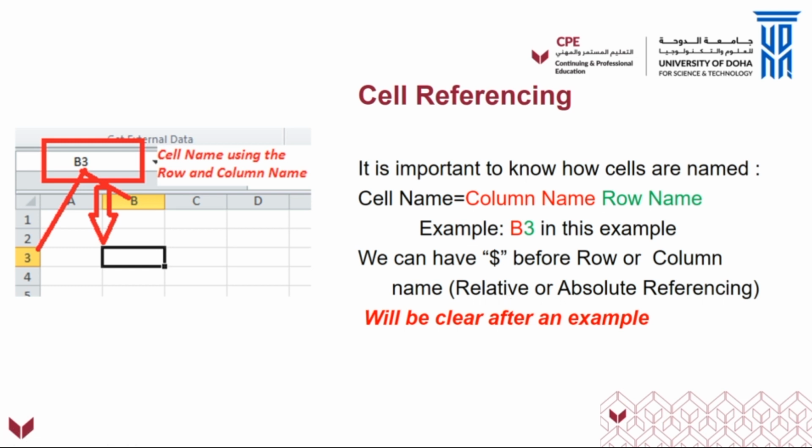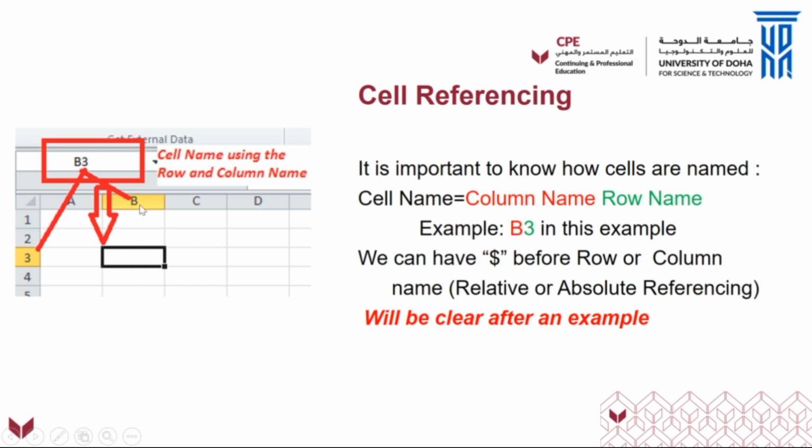Cell referencing. In order to increase productivity, it is very important to know how cells are named in Excel. As shown in the slide, the cells are named using column name and the row name.